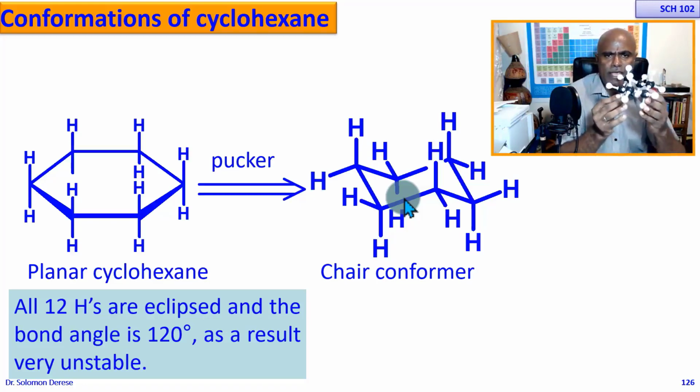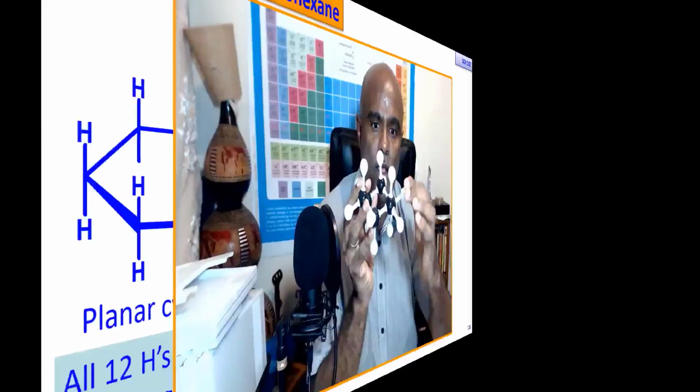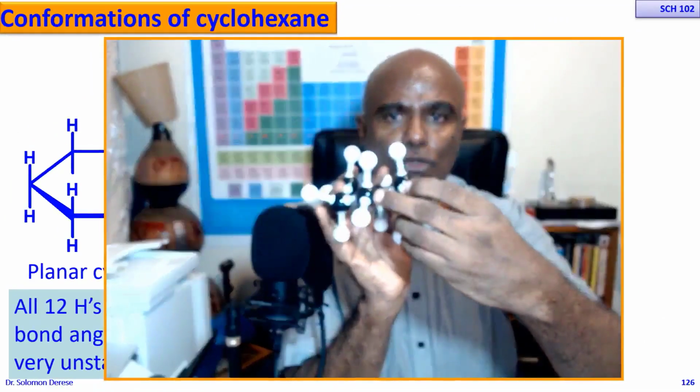And this is the chair conformer of cyclohexane. I want us to analyze how the hydrogens on the neighboring carbons are arranged relative to each other. Let's concentrate on these two carbons.